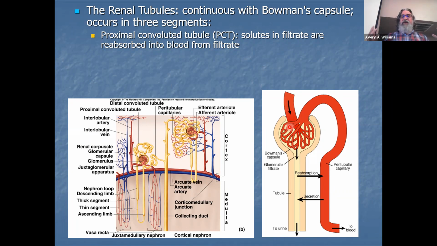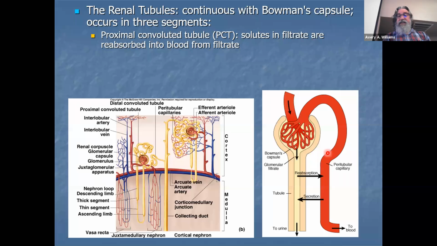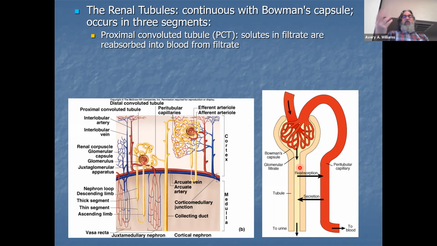If there's stuff in the blood that you want to recover, that takes place in the proximal convoluted tubule, almost immediately. You've got to get those solute particles, the things that are dissolved in the blood, back into the blood from the filtrate. Does that make sense? So you see the arrows going back into the blood. Stuff comes out of the blood, then goes back into the blood at the proximal convoluted tubule.